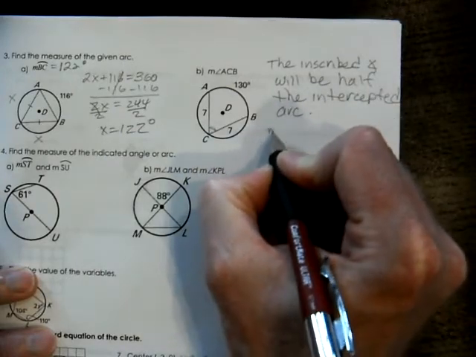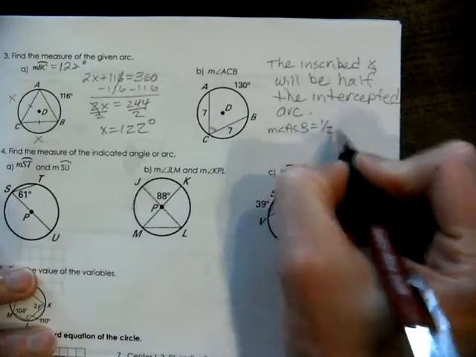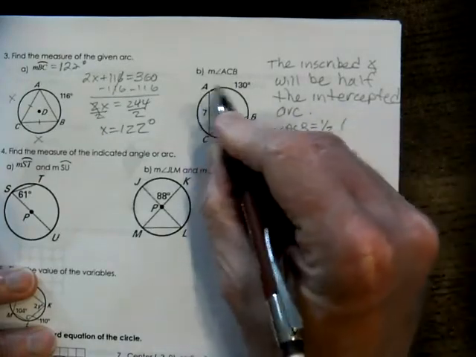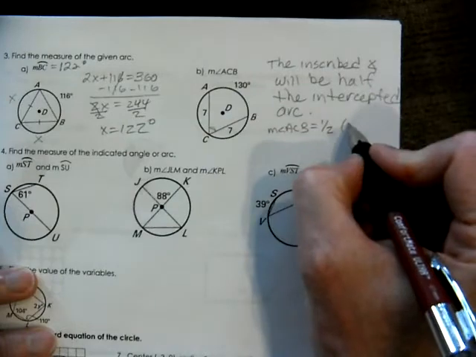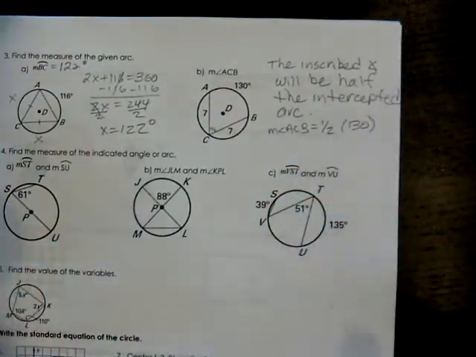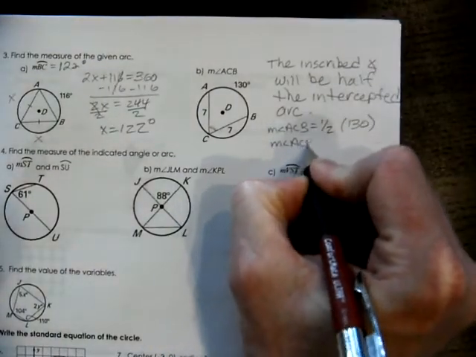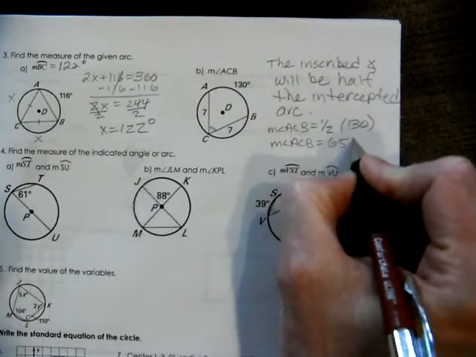So that means the measurement of angle ACB is going to be half arc AB, which is half of 130. Which is 65 degrees.